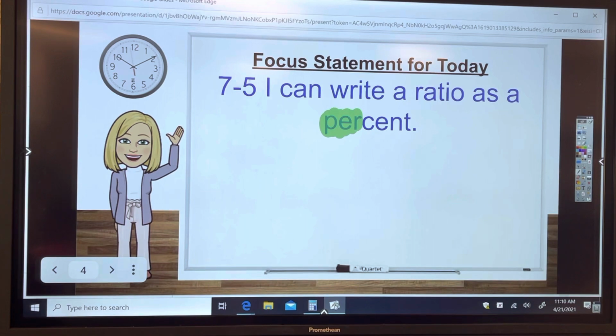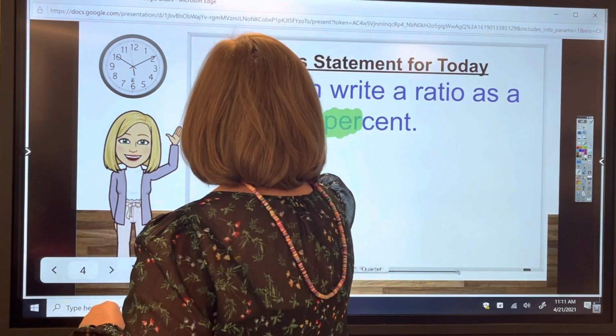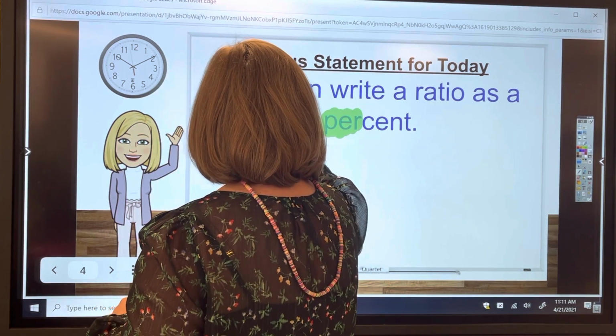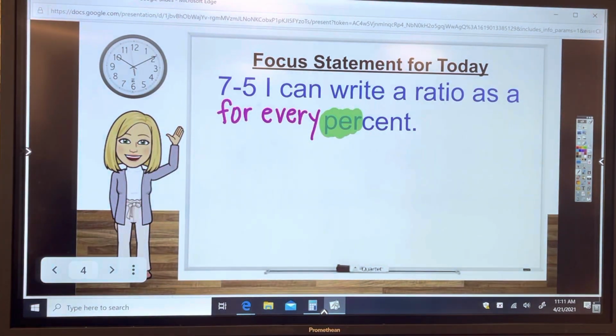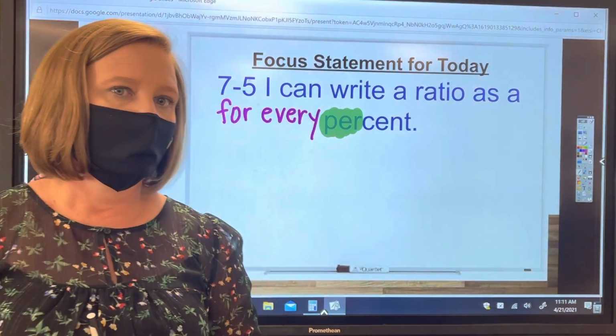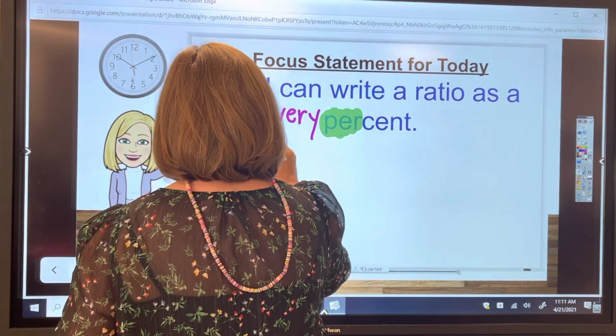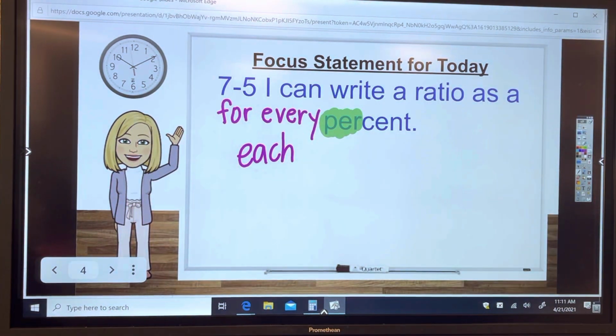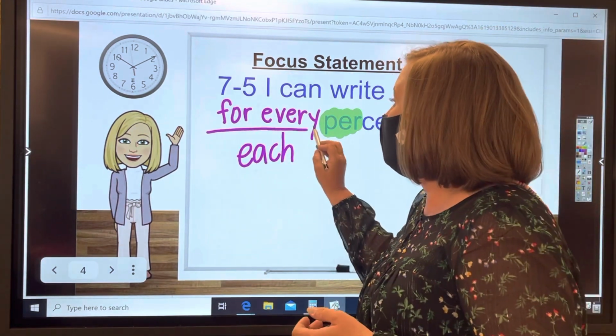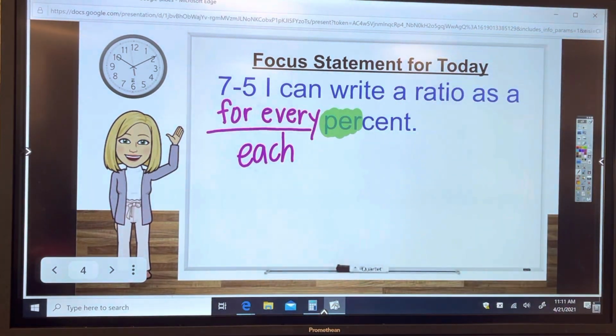For every student. I have 1 sucker per student. Who's getting a sucker? Each student. So we've got for every, or we have each. And I'm just going to put a line there so it doesn't look like for every each, because that's kind of redundant.